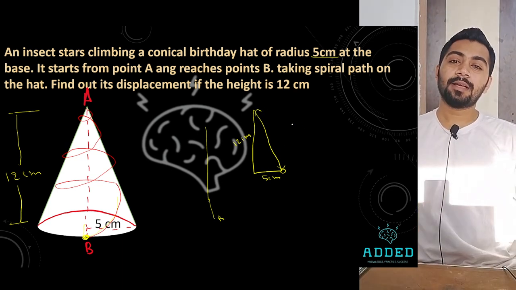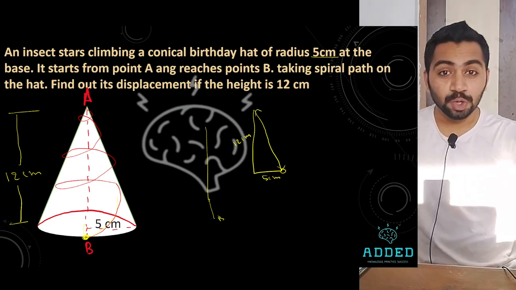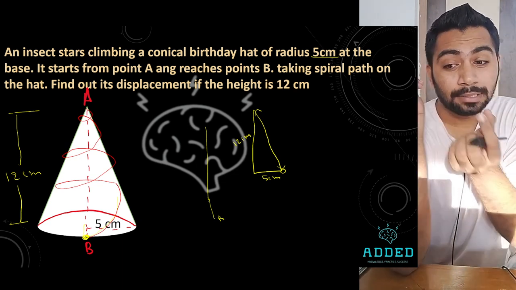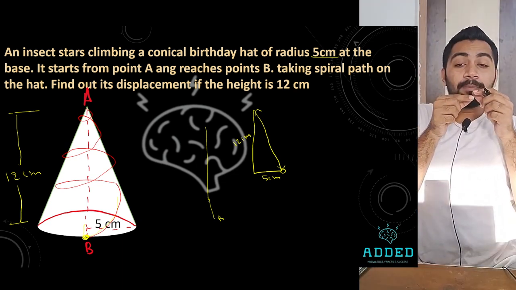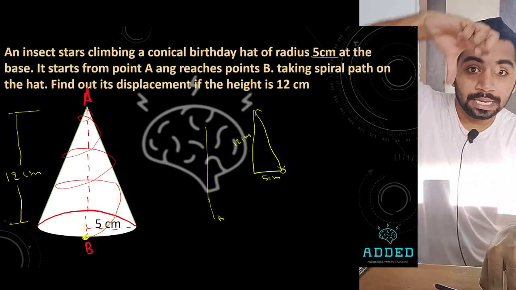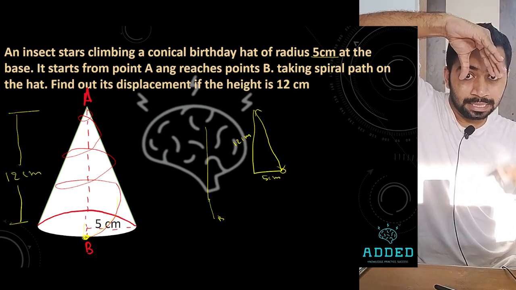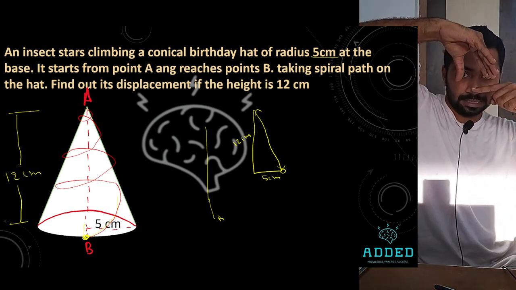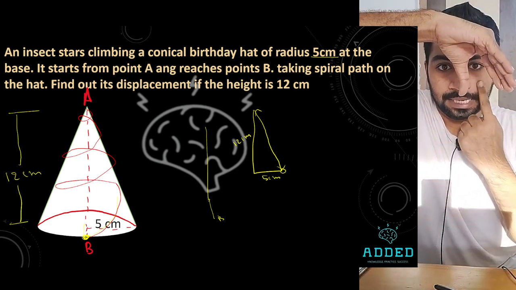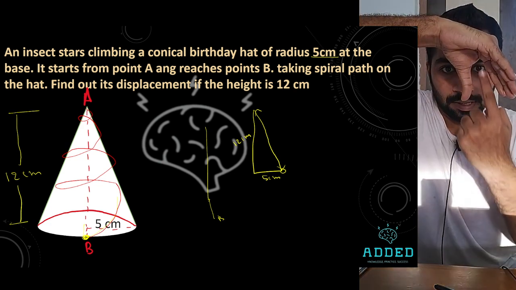Very simple. Now basically what do you think, if there is an insect at point A, point B, it can go to point A in 12 centimeter. No, see, the insect is not exactly here, so it must come here and go here.